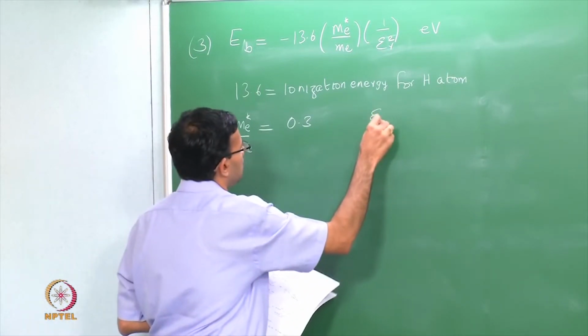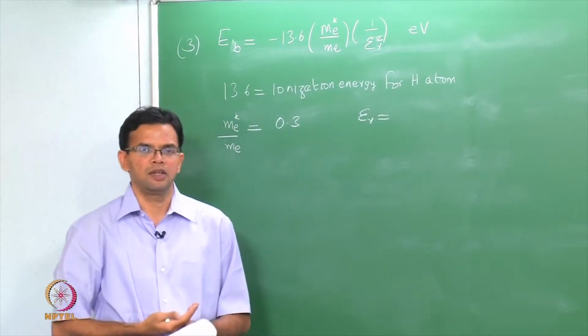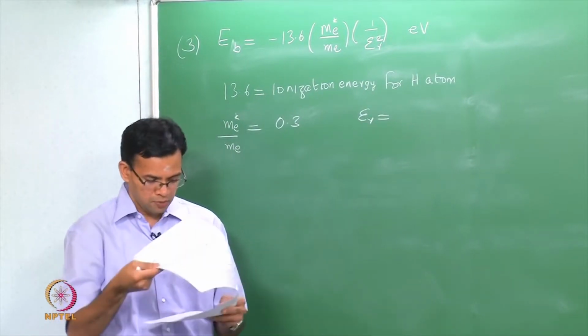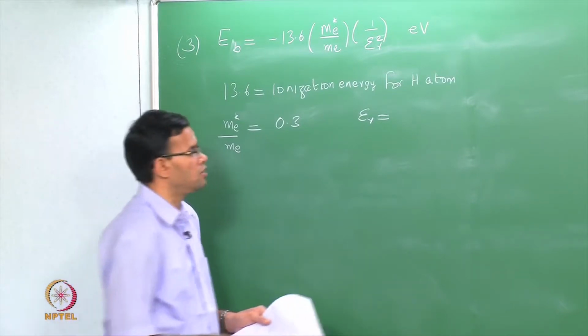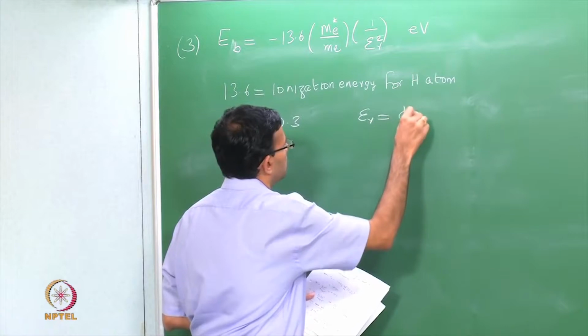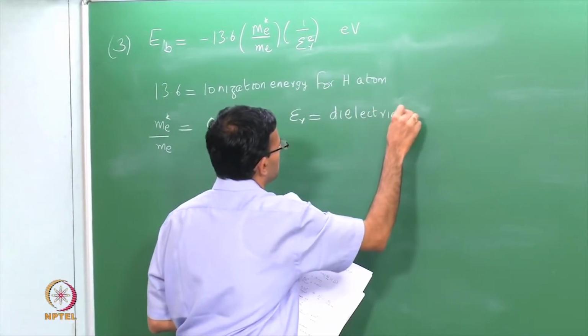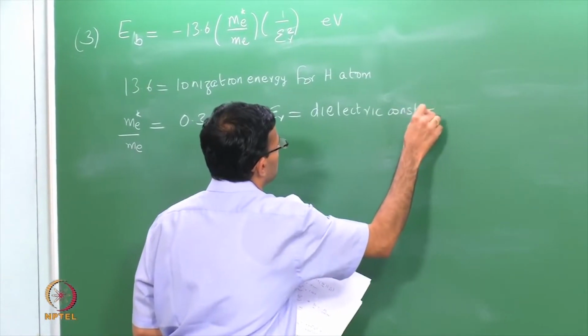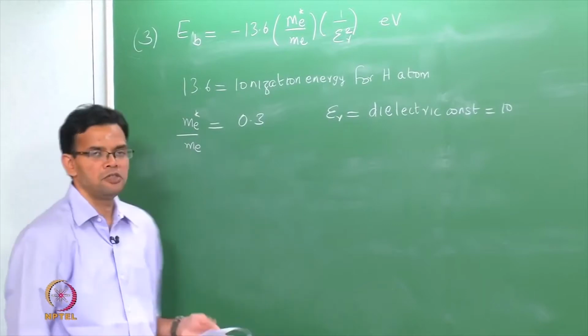Epsilon r is the relative permittivity of the semiconductor. So, again for this particular problem, the permittivity or the dielectric constant is given as 10. So, we have all the values that we need.